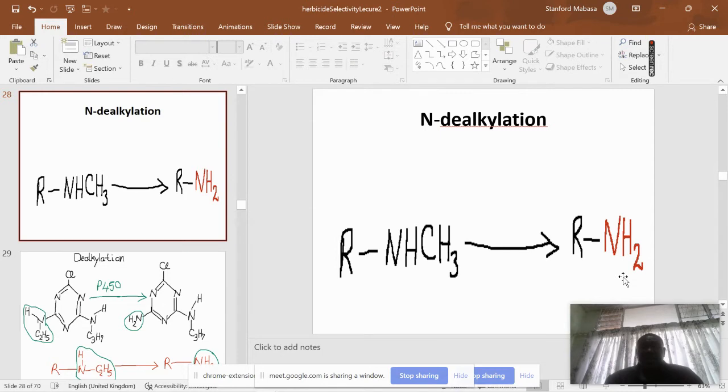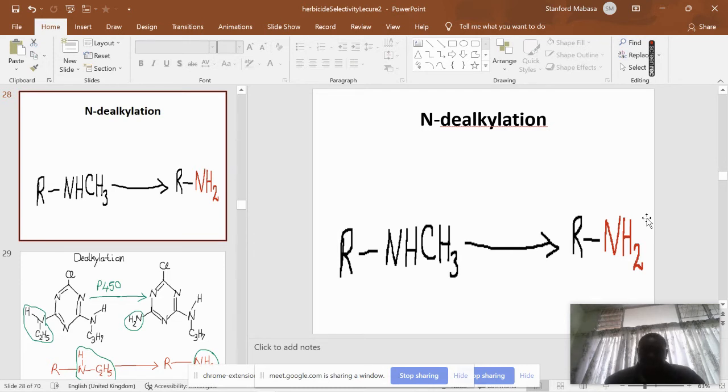N-dealkylation requires the presence of this structure, RNHCH3. After N-dealkylation, we get RNH2 here. And the herbicide ceases to be toxic because of this change, which is catalyzed by cytochrome P450.